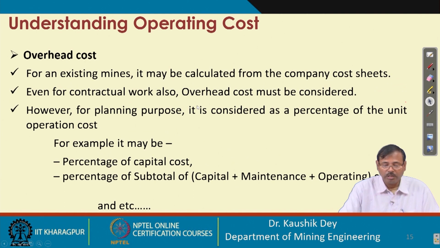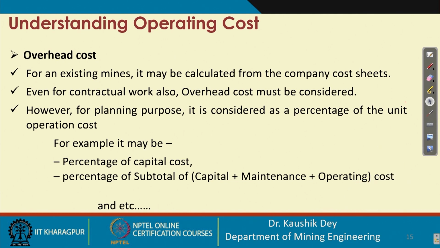Which cannot be avoided. So, for an existing mine we may calculate it from the cost sheet of the company, but generally we consider it as a percentage of the overall cost, because otherwise the other costs will become very high and there cannot be any check on that.